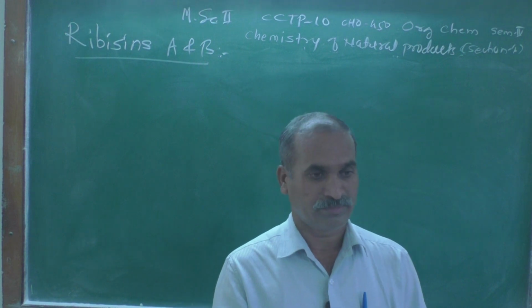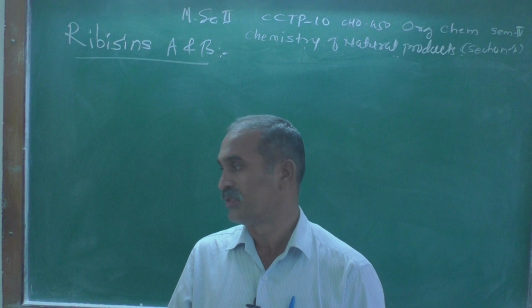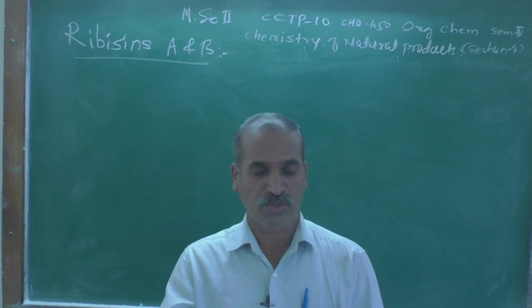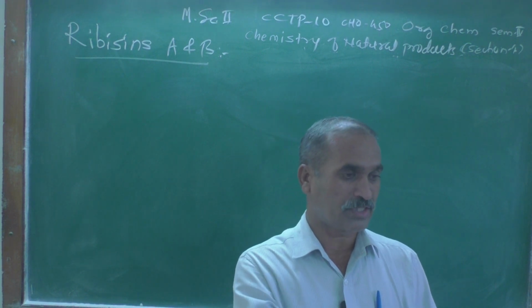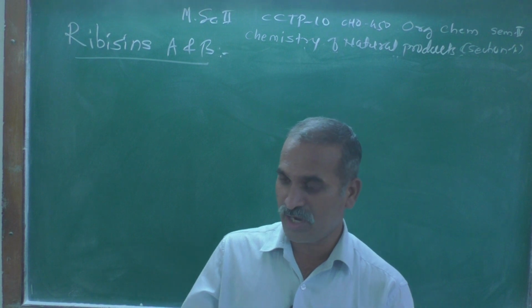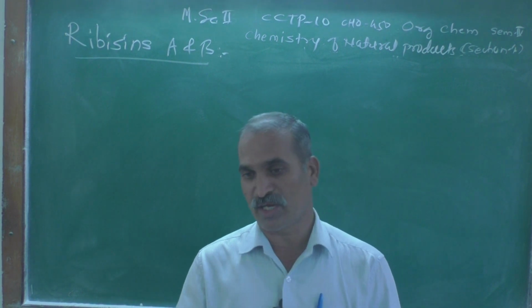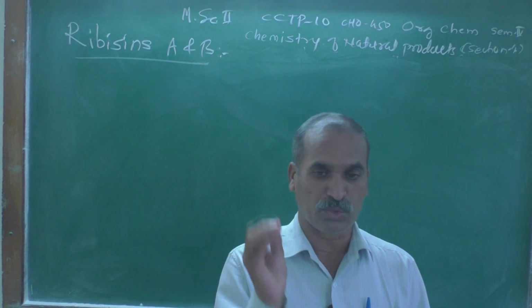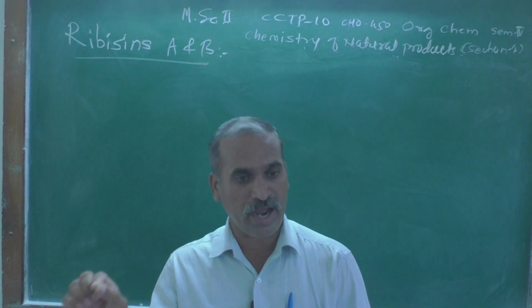So for biotransformation, such types of catalysts are used, and they are highly selective, or what we can call highly specific. Stereoselective we can call it. Stereoselective means what? We are going to get the highly desired product.